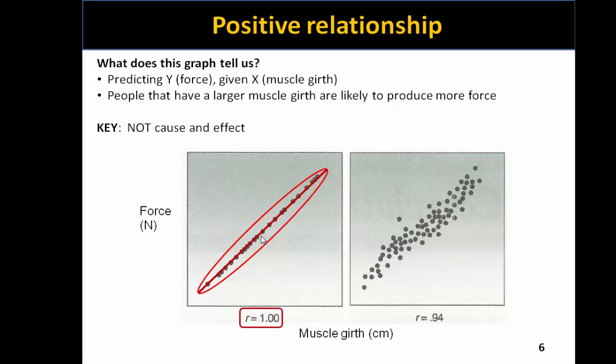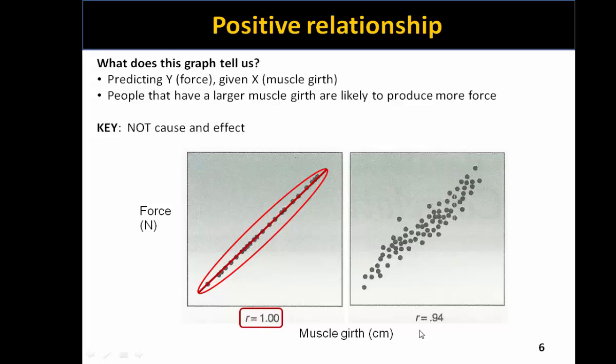And in this case, the statistic that is generated from a correlational analysis is something called the R statistic. And the R statistic is a measure of how strong that relationship is. If we see that the line cuts through every single data point, then it has a perfect correlation of 1.0.